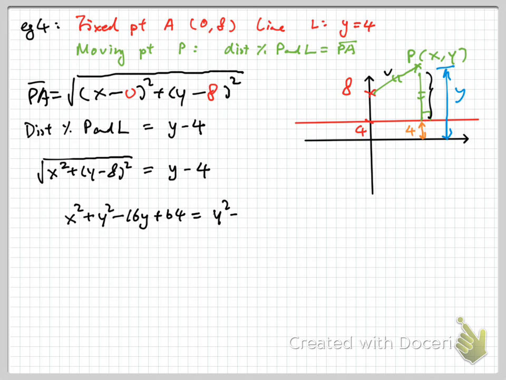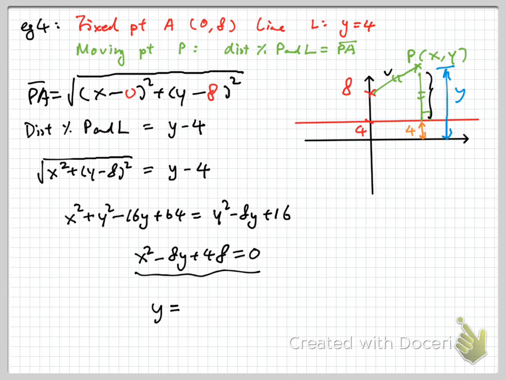So that is y squared minus 8y plus 16. So it ends up x squared minus 8y plus 48 equals 0. This is a parabola. You can change y as the subject. So y will be x squared divided by 8 plus 6.